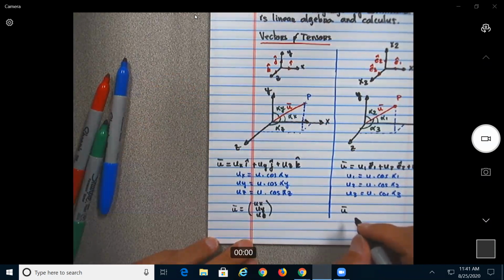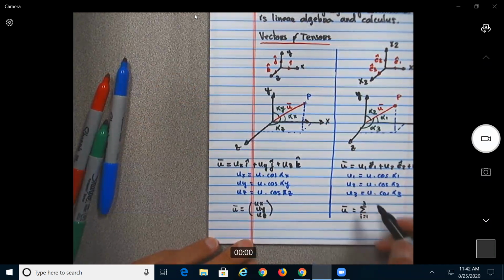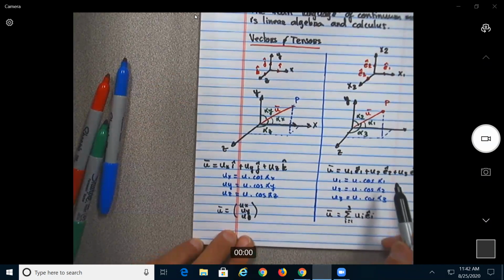But this time you could just rewrite this as what? This is what's going to help. If you want to do it long, you have from i equal to 1, 2, 3, u sub i e sub i. This would be the same thing as writing the line over here on top, okay?